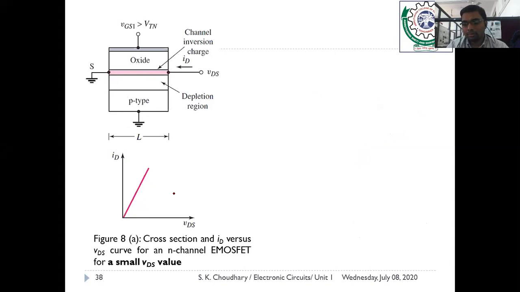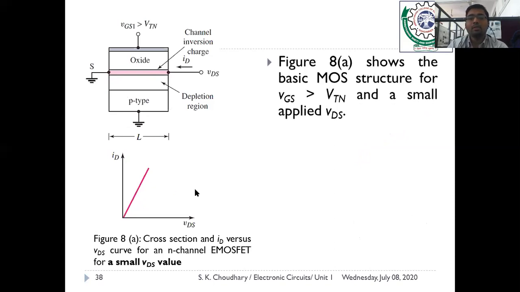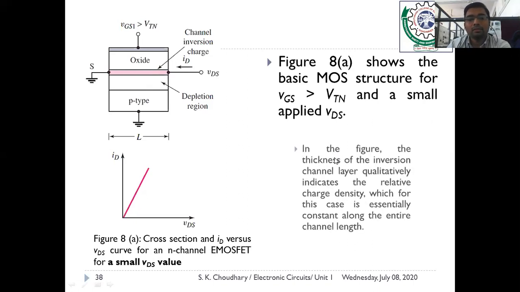Now you can see that as VGS is greater than VTN, meaning threshold voltage, and there is a positive VDS, a uniform channel would be formed below the oxide layer.